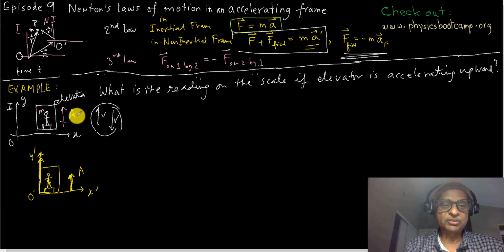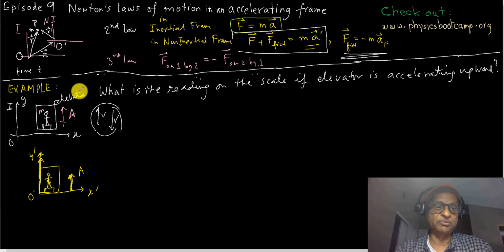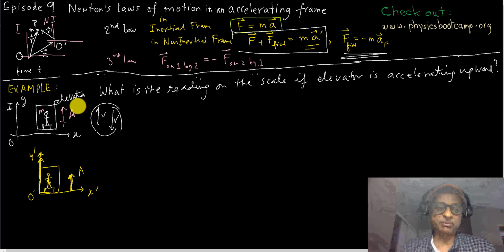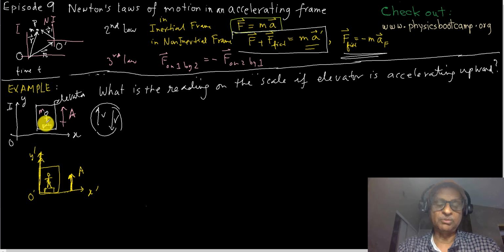The acceleration of the elevator is upward in this problem. You can always set it up for downward, but I'm going to do it for upward. And this person is sitting on a scale, and you can read how much he weighs at that point. So the question is, when the elevator is going up, what will the scale read?